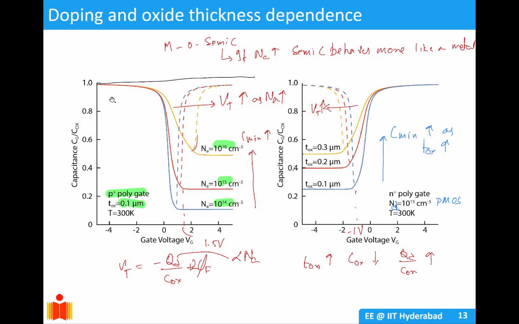It's not a P type polygate here. It's an N plus polygate and P type substrate here. Here the gate will be P plus poly and the substrate is N type. Hence it's a PMOS and this is an NMOS.